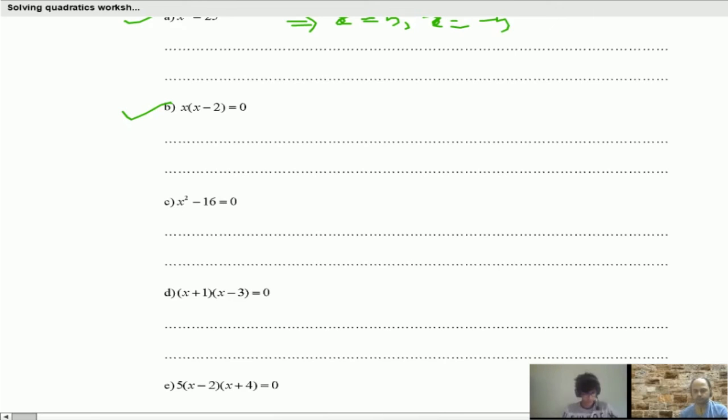Null factor law means here x would be equal to 0 and here x minus 2 equals to 0, right? So one value of x would be 0, the other value would be 2. Okay. So that's the solution.